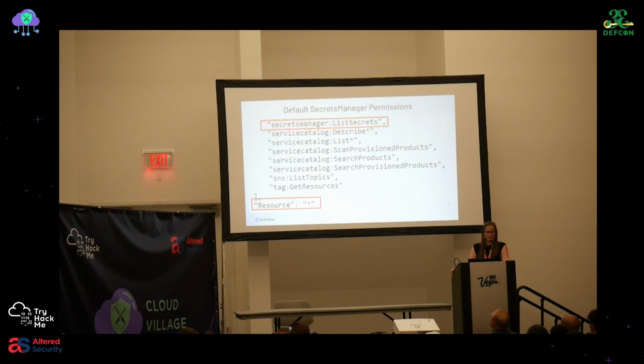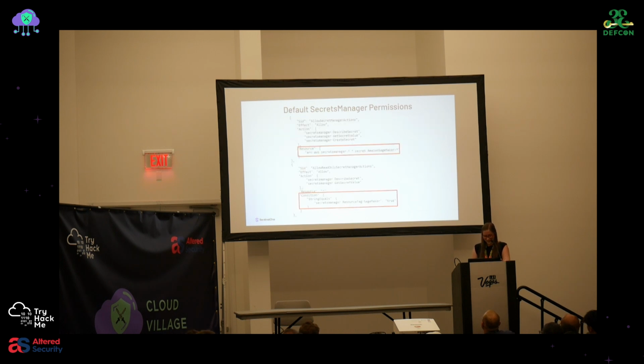And what I discovered from my perspective was that my user in SageMaker, the default user, has SecretsManager ListSecrets on every resource. It means that I was able to basically enumerate all secrets from my Jupyter notebook. But it wasn't enough because I also want to get the secrets.